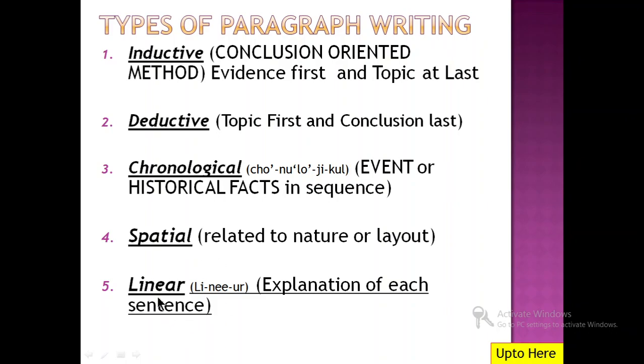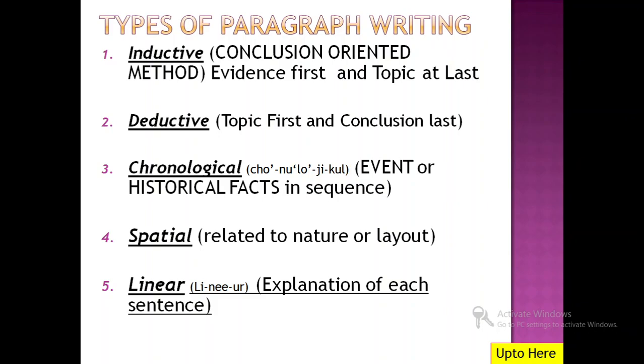Listen carefully as I say it, linear way of paragraph writing. Now what is linear way of paragraph writing? Where one sentence always demands another sentence to explain it. Where one sentence demands another so that it can be explained more. That method is called linear way of paragraph writing, where the reason comes together with every single sentence.